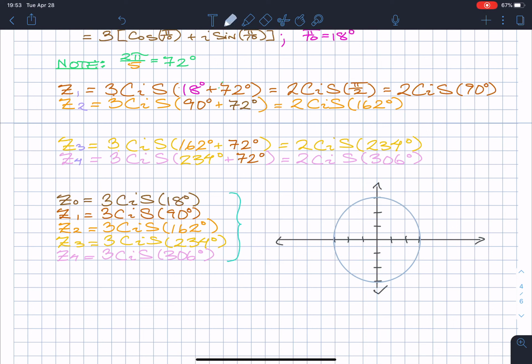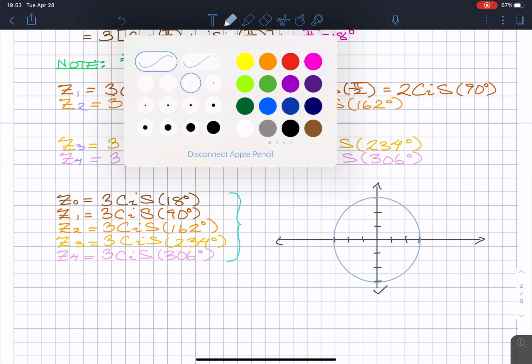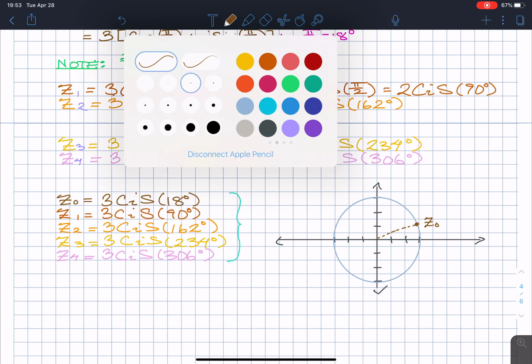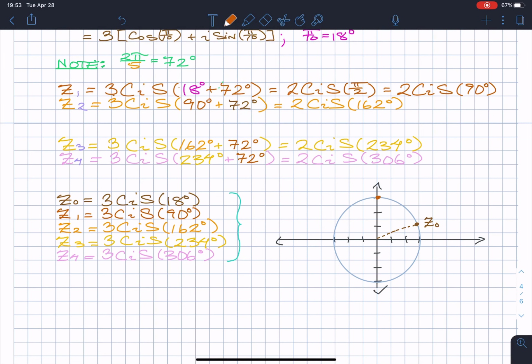Okay, and now z naught, the first z, was this color brown. So it was at 18 degrees, about here. This is z sub 0, the first complex fifth root. The second complex fifth root was at 90 degrees. This is z sub 1. The third was at 162 degrees, z sub 2.